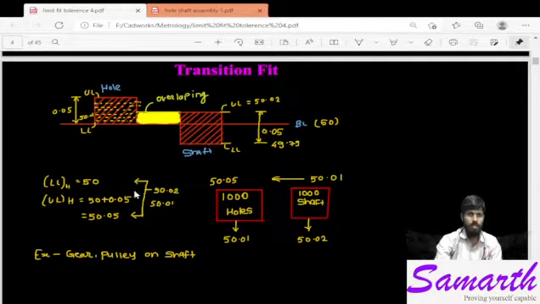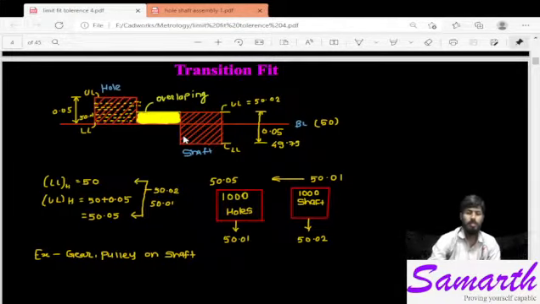Now, if our upper limit of shaft is greater than the lower limit of hole, here you can see there is overlapping. Such a particular pair will not be able to make an assembly without heat treatment, or any other external force.